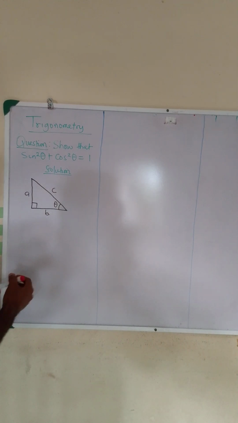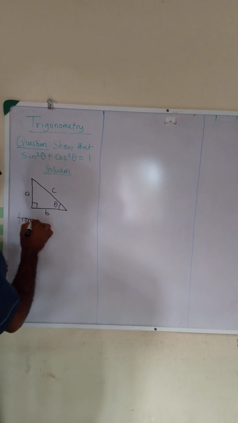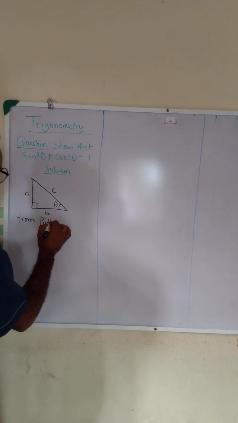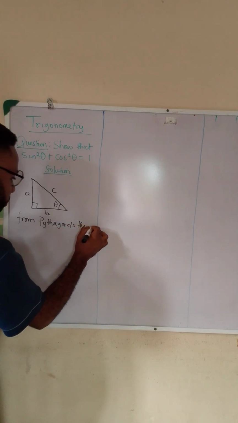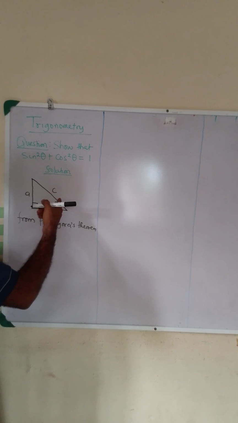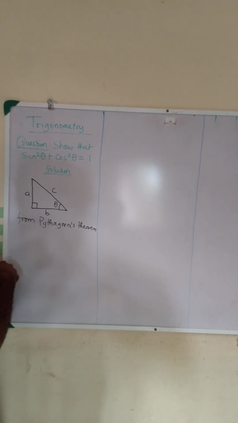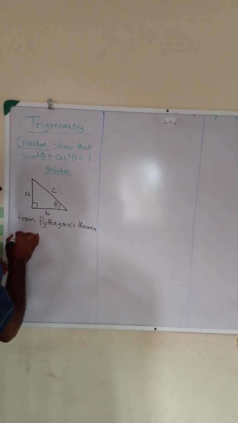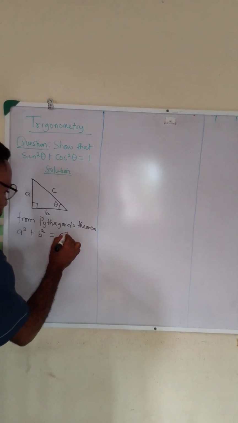And so we know from Pythagoras theorem that the hypotenuse, the longest side, the square of the longest side, is equal to the summation of the squares of A and B. So we are going to have A square plus B square equal to C square.